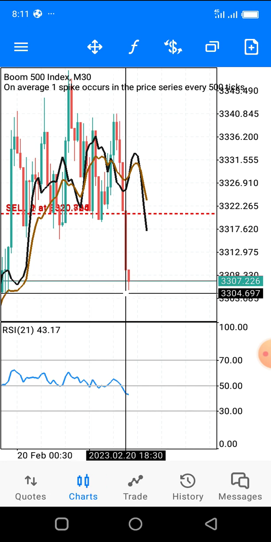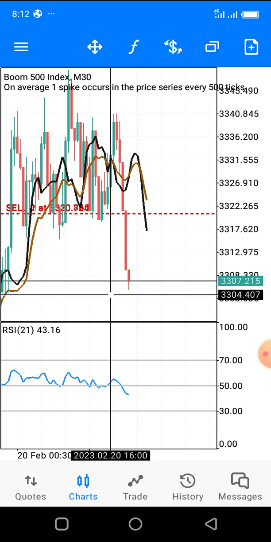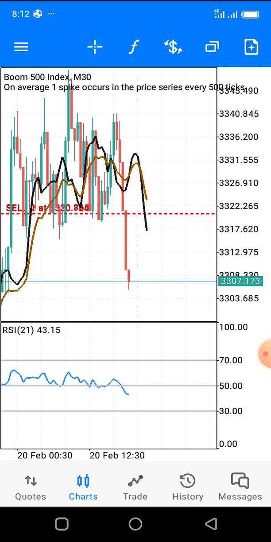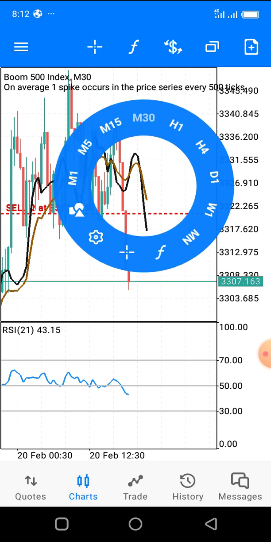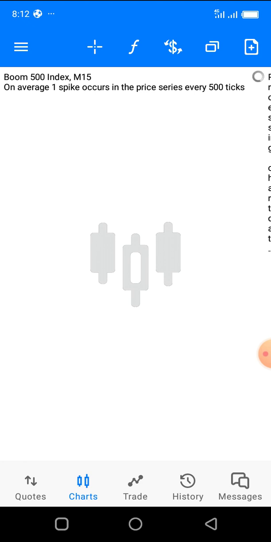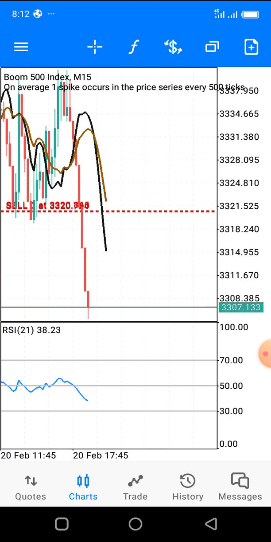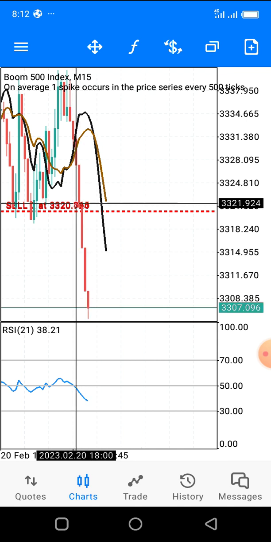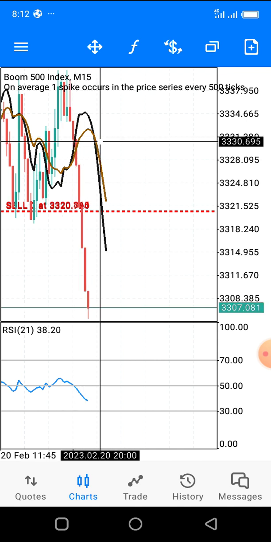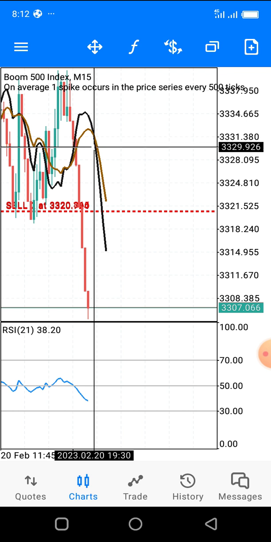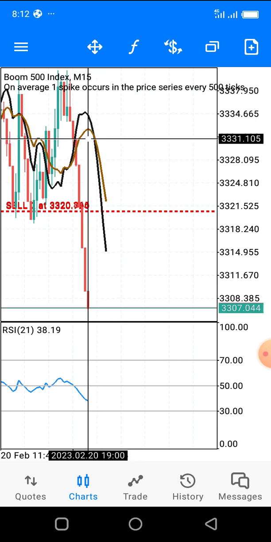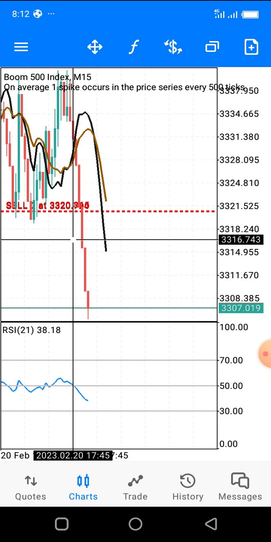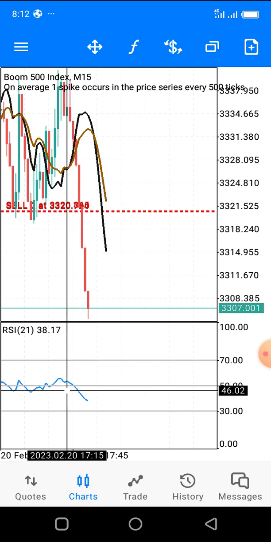Now, as you can see, like I said, this strategy works on all time frames: 1 hour, 30 minutes, 15 and 5 minutes, and even 1 minute as well. Let's go to 15 minutes time frame. As you can see right here, a crossover has happened at this point on 15 minutes, and when it did, my RSI was already reading below 50.